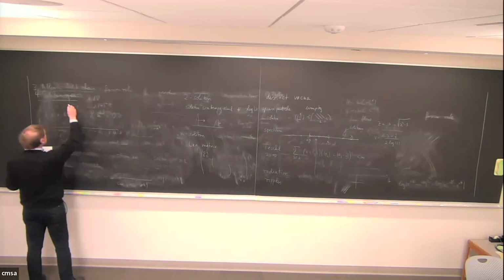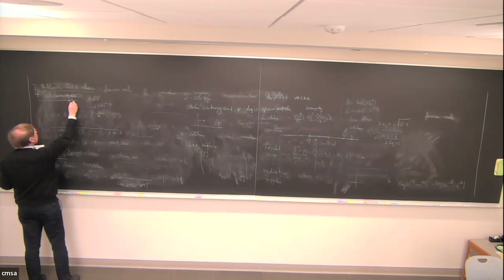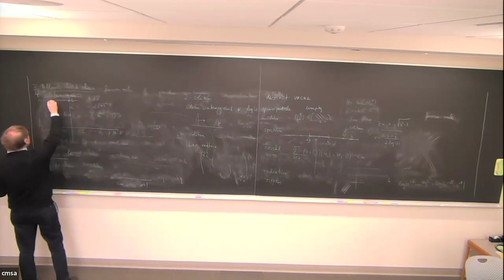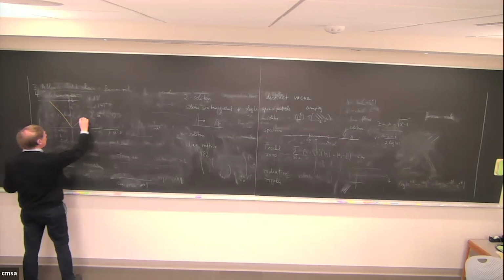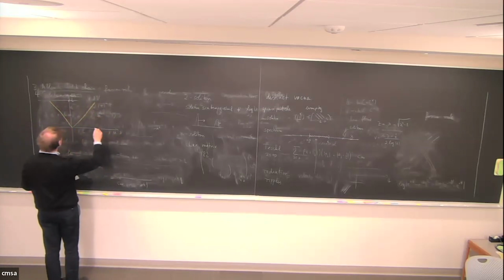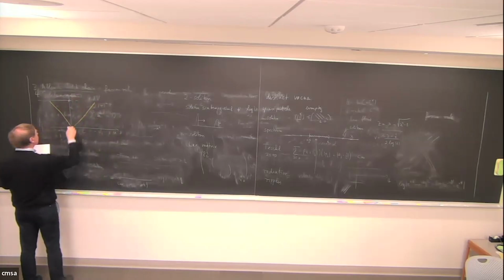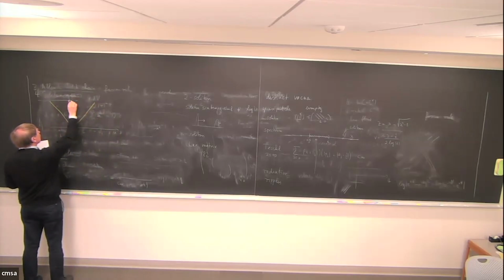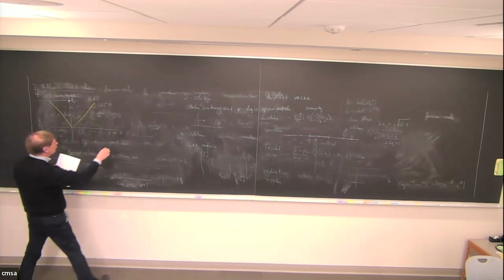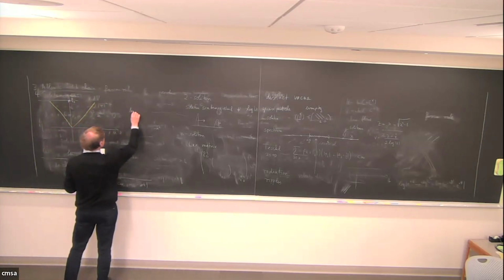I put j here and t here, and of course you have the light cone. Since I want to put the p_j over here, you can still put the light cone here. I'm looking at large p.